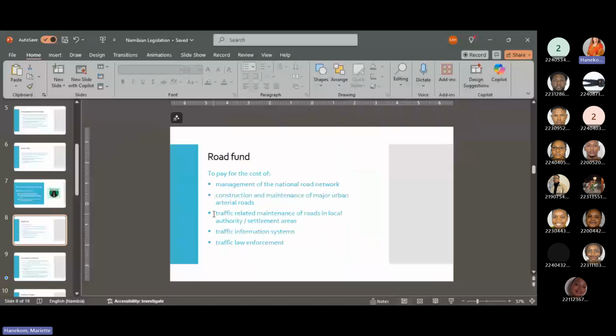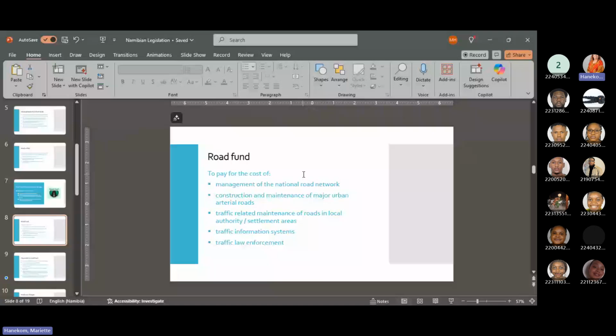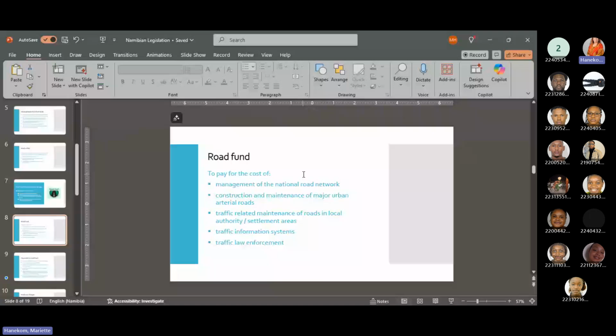So what is this road fund used for? Road fund is used to pay the cost of the management of the national road network, the construction and maintenance of major urban arterial roads, traffic-related maintenance of roads in local authorities, maintenance of traffic information system, and traffic law enforcement.